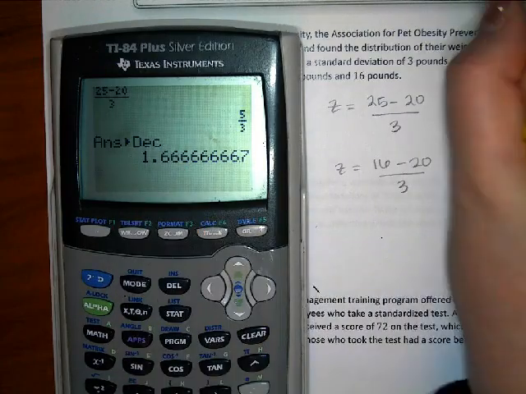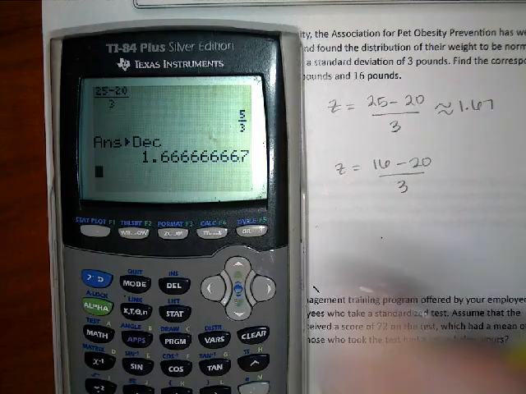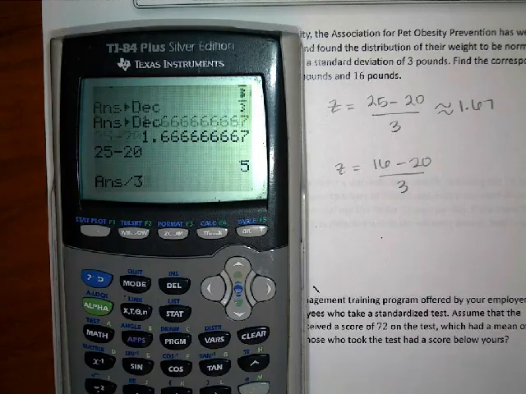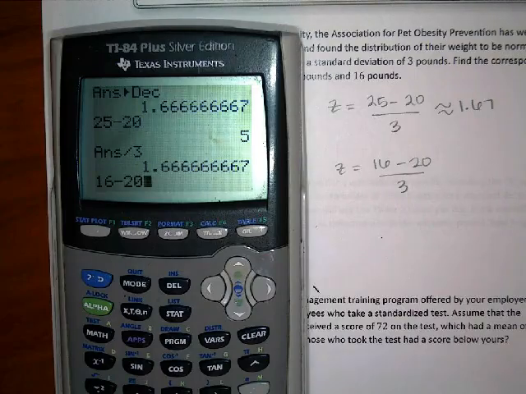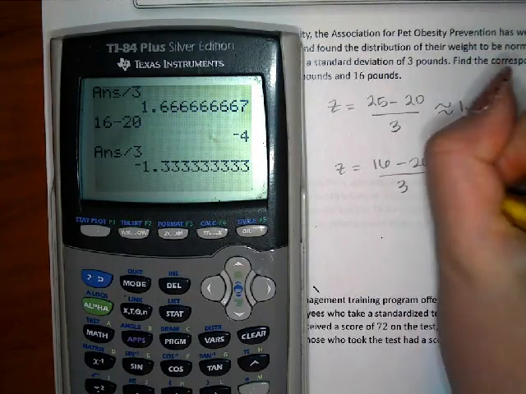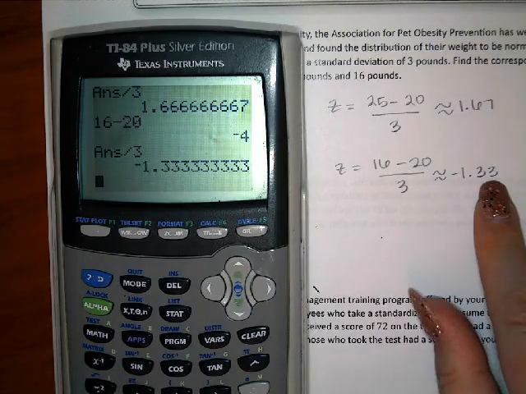And if you don't like typing it in as a fraction, you could just do 25 minus 20, and then divide by 3. For the other one, I'll do 16 minus 20 and then divide by 3, and I get -1.33. For this one, I don't have to round up because the 3's are followed by 3's, and those mean to keep the number the same.